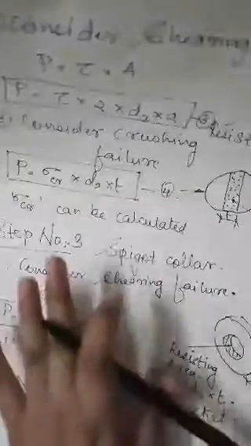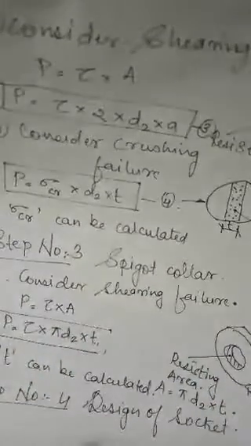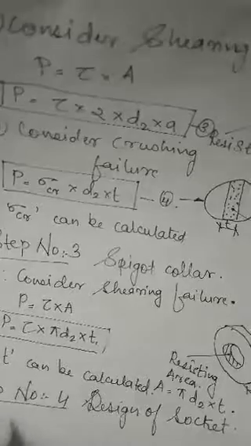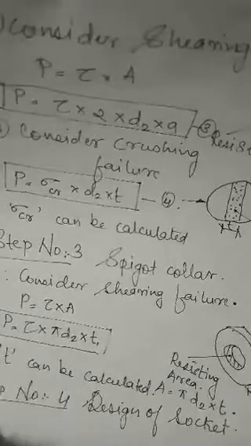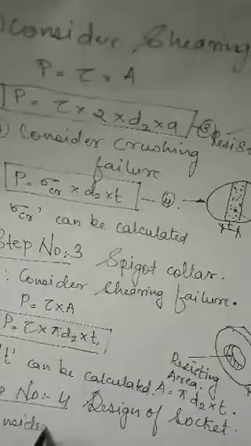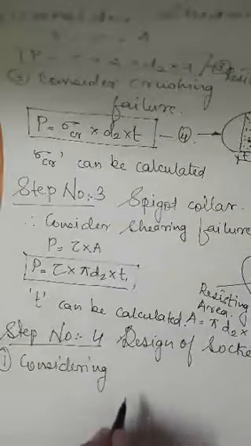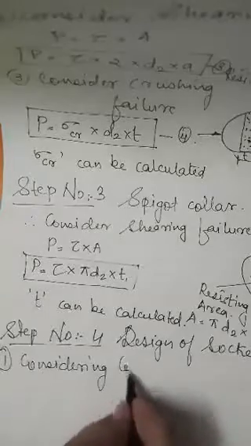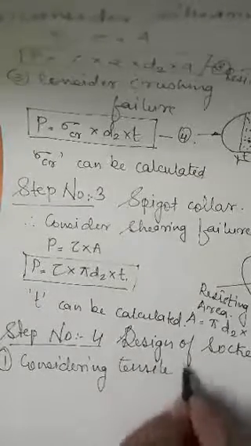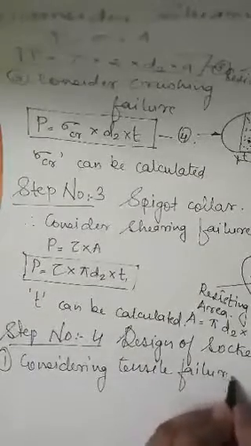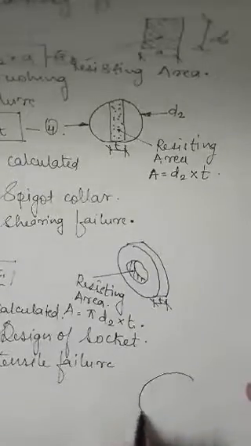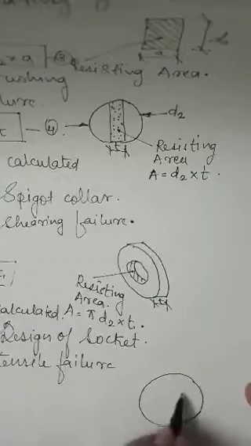Just like the spigot end, we will consider tensile failure, so our cross-section area will look something like this.